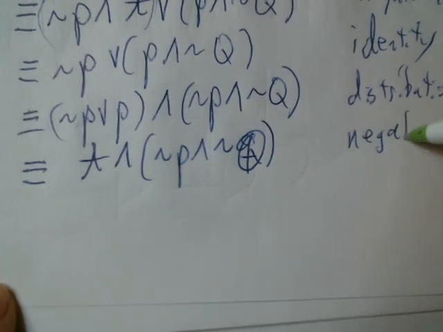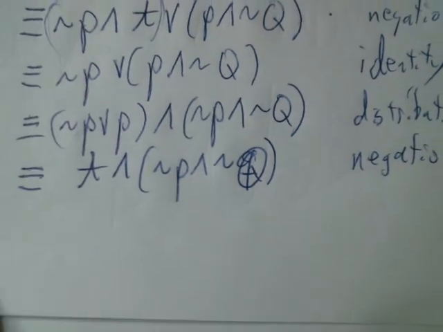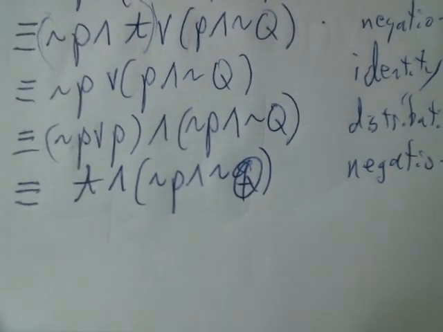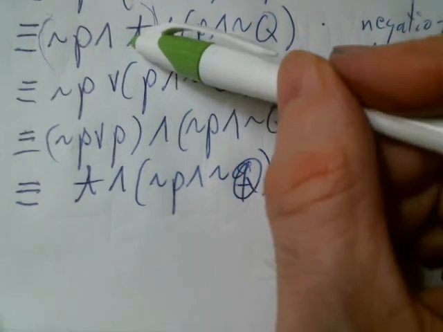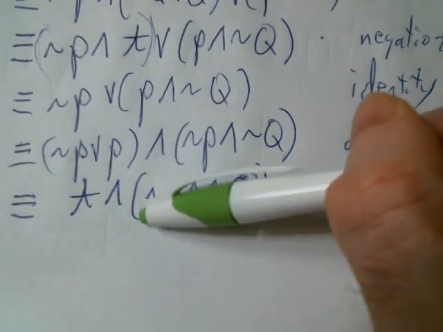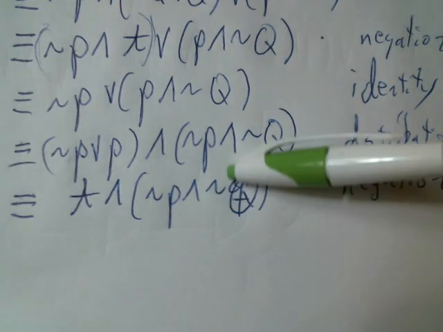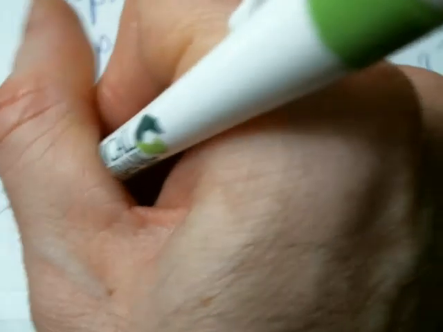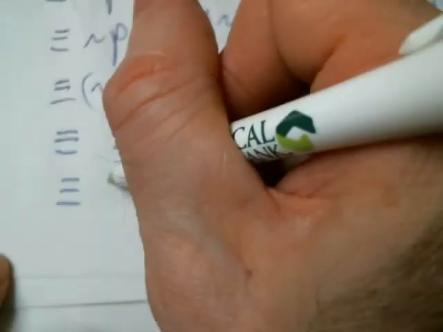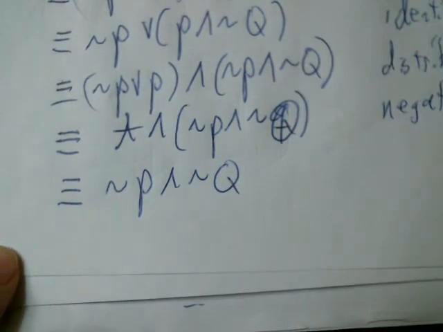Negation again. Okay, and then if I have something and a tautology, just like I had up here, it's the identity. You just end up with this part. It's like multiplying by 1. That's why they call it identity, right? The multiplicative identity. So you're just going to end up with not P and not Q.